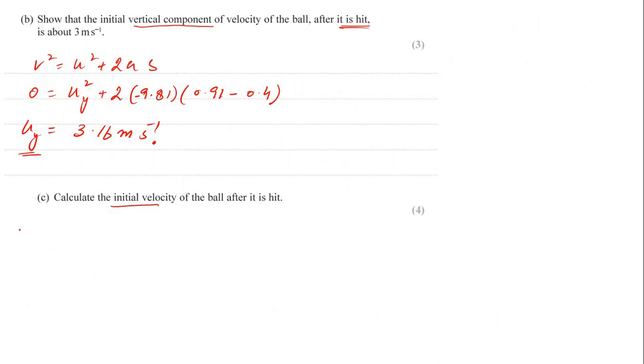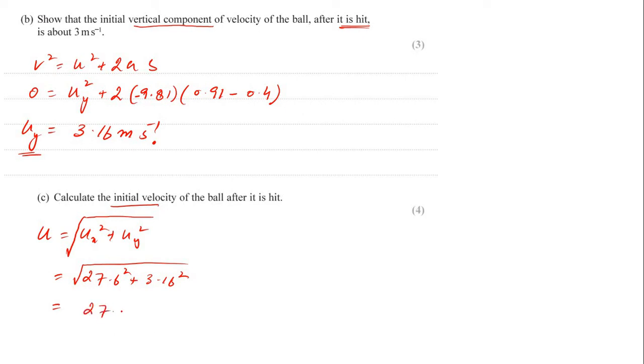So we are going to use Pythagoras' theorem to find the resultant of ux and uy. So the initial velocity will be the square root of ux squared plus uy squared, and then ux is 27.6, whole squared, plus uy is 3.16, whole squared, and then u will be equal to 27.8 meters per second.